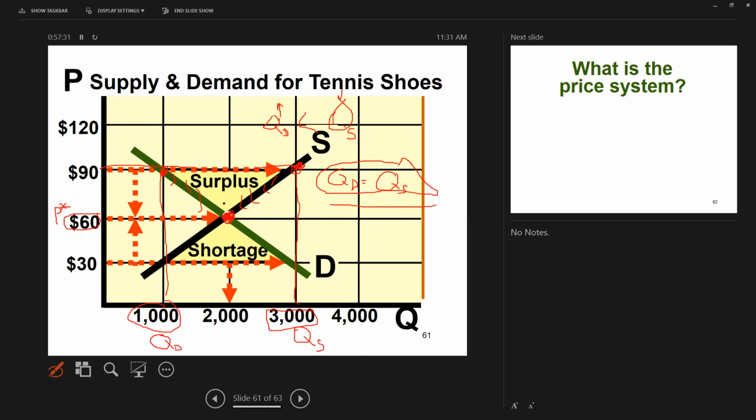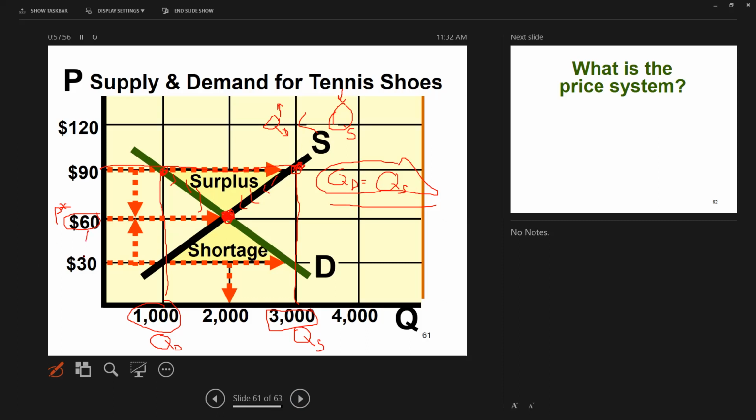Suppliers are going to reduce the price so that they can sell that surplus. As they reduce the price, less gets offered for sale on the market, more is demanded by consumers. So we move back towards equilibrium and no one has to do anything about it. We don't need the government to come in and make the market do this. It does it on its own.